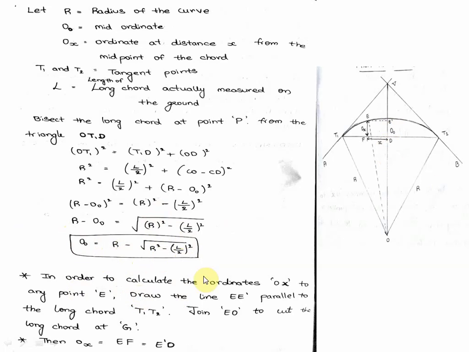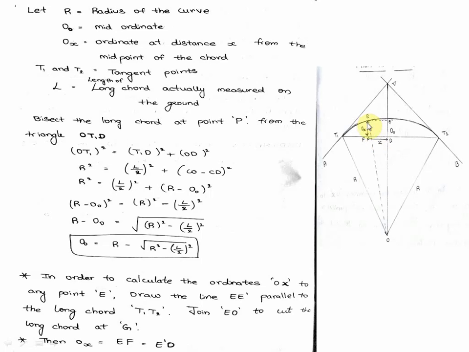Next, in order to calculate Ox, the ordinate at any point E on the curve, we first draw the line E dash, from the distance at which we are going to calculate Ox, parallel to the long chord T1 T2.